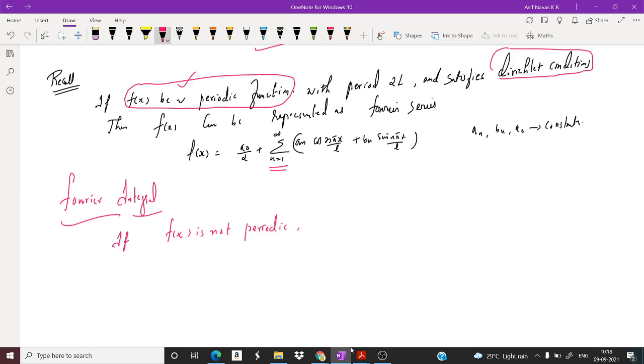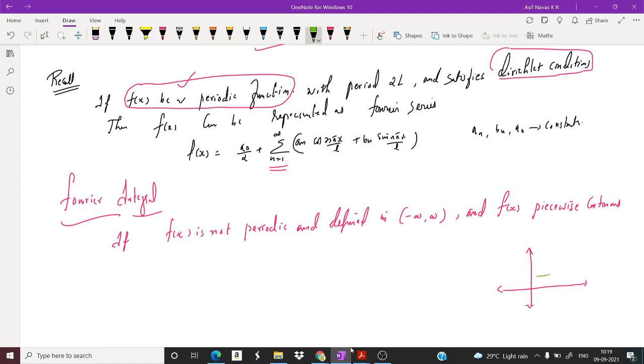okay, that is a condition, and defined in minus infinity to infinity, that means defined all over the real line. And f of x is piecewise continuous. What do you mean by piecewise continuous? I will draw a function.